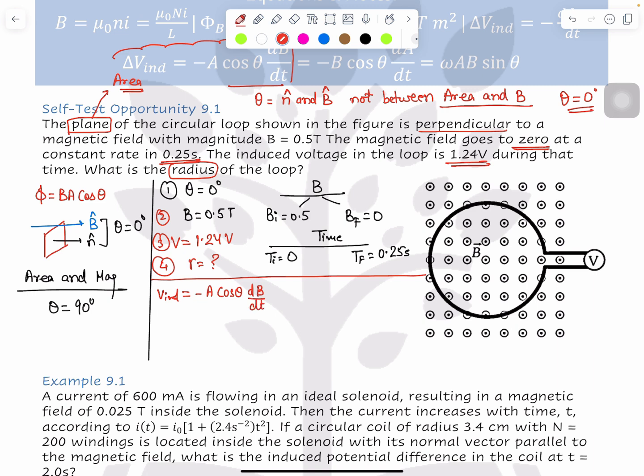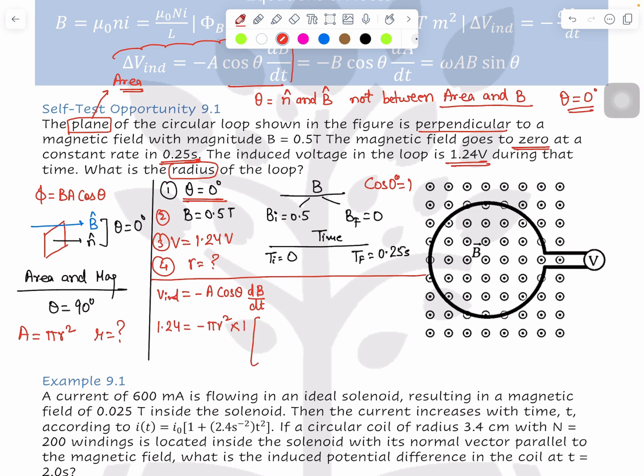Area is equal to pi r square and we are looking for r. V induced is given as 1.24, which is equal to negative pi r square. Cos theta we already solved, theta is 0 degree, so cos 0 degree is 1, multiplied by dB by dt.